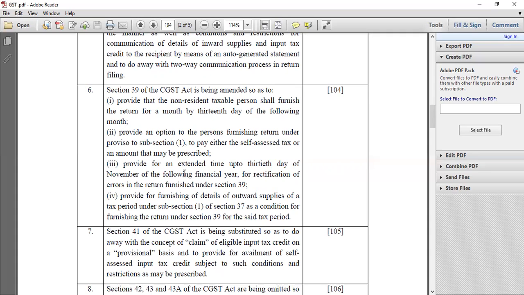For example, if these activities are done in financial year 2021, then the last date was the due date of filing GSTR 3B of September of the following financial year. Now it is 30th day of November of the following financial year.